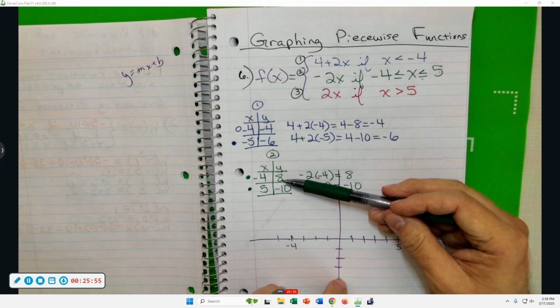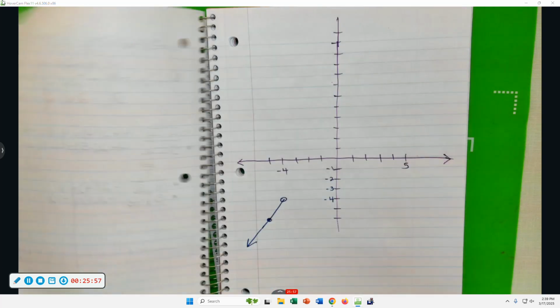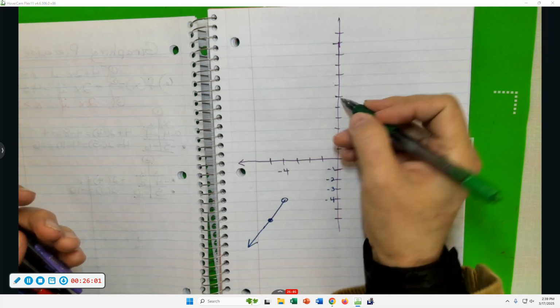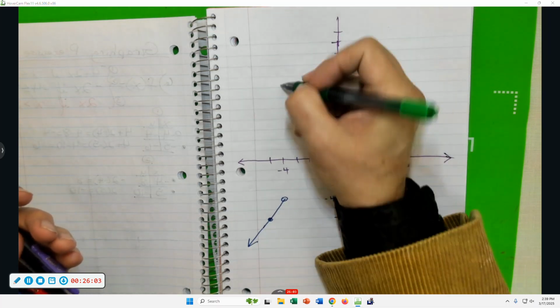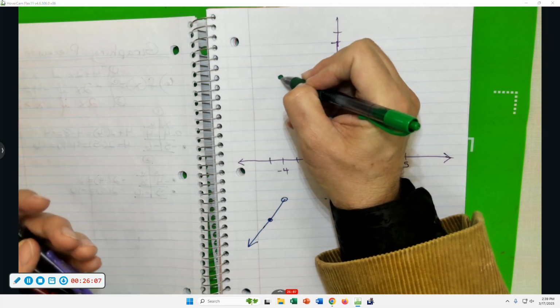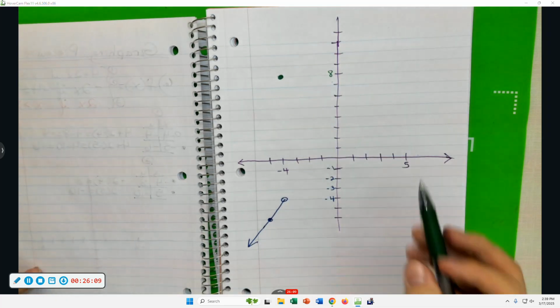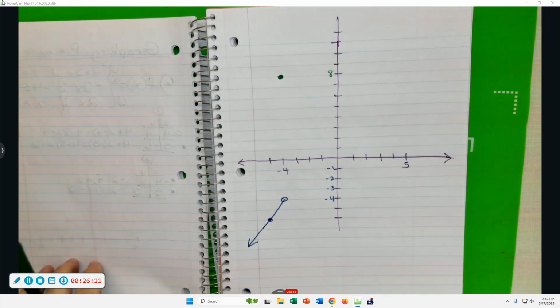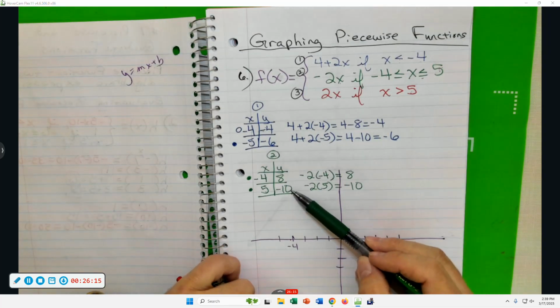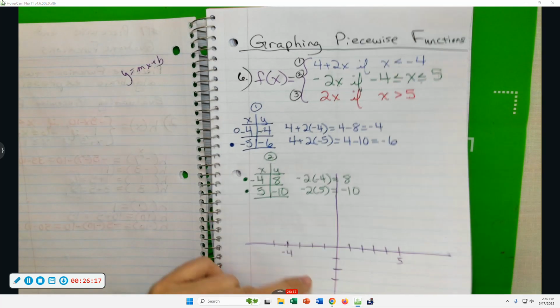You start at -4, 8. You put a green dot. 1, 2, 3, 4, 5, 6, 7, 8. Okay, -4, 8, a green dot. You plug in 5. What did we get? -10, was it? 5 gave us a y value of -10.